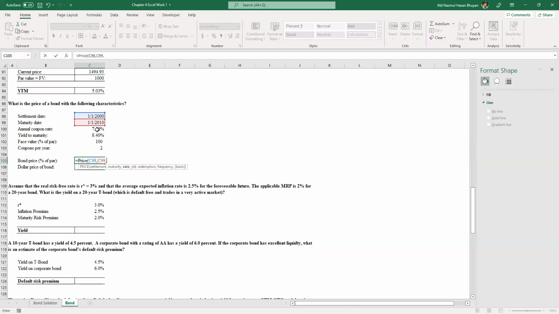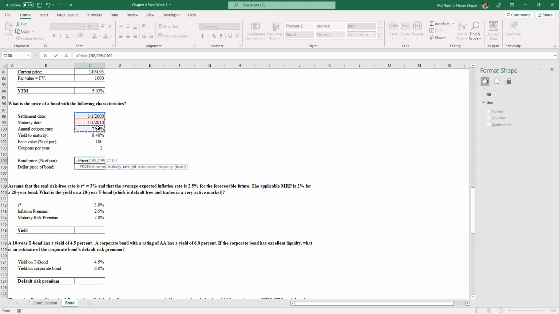The price formula will automatically consider that this annual coupon rate should be converted into semi-annual coupon rate. And then the reason is this: within this formula, you're going to also put a value for this frequency. So from the value of the frequency, this price formula will realize like how this annual coupon rate should be converted into a periodic coupon rate.